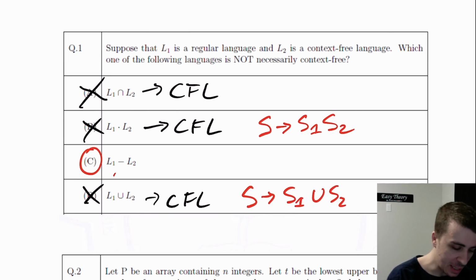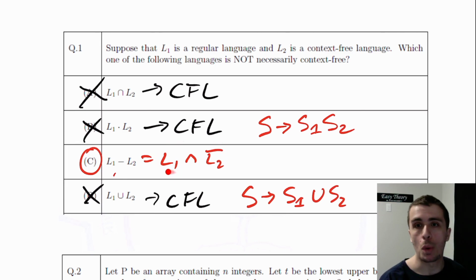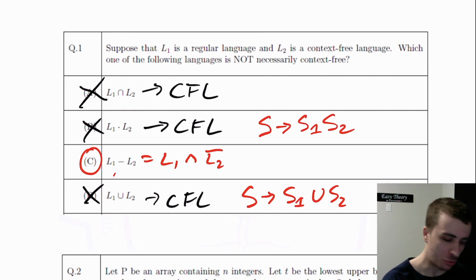And the reasoning is that this is equivalent to saying L1 intersection L2 complement. Then what you can do is take L1 to be sigma star, and sigma star intersection anything is going to be the anything. So then just pick any context-free language where the complement is not context-free.